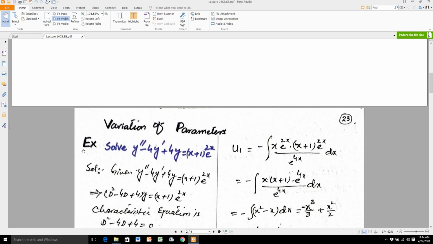Here is an example. Solve y double prime minus 4y prime plus 4y is equal to x plus 1 into e raised to the power 2x. And you see here, when the forcing function occurs in the undetermined coefficients method, it is difficult to solve this question.